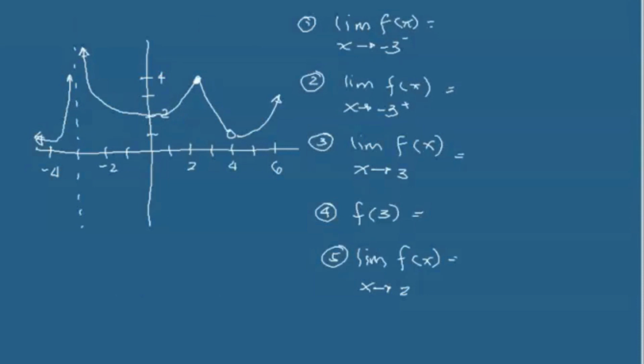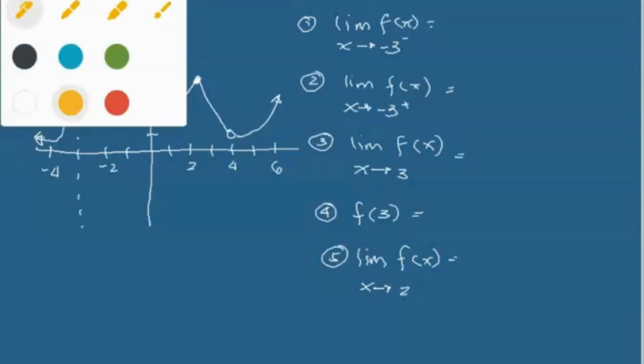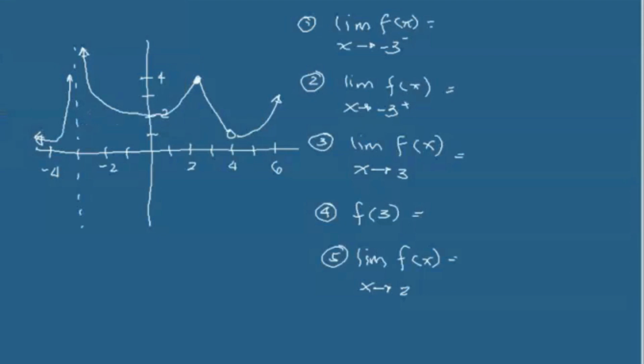Okay, let's have this example. What is the limit of the function as x approaches negative 3 from the left-hand side? So this is negative 3. As it approaches from the left-hand side, the y value gets bigger and bigger, so it goes up.